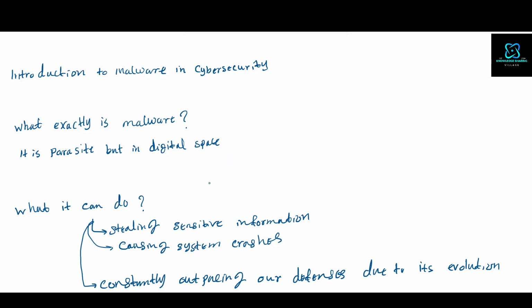We are also going to learn which capabilities it has and what it can do. Again, it depends on which type of malware we are talking about and what the attacker's motives are. It can be used for stealing sensitive information, causing system crashes, hijacking systems. For example, we learned about botnets.